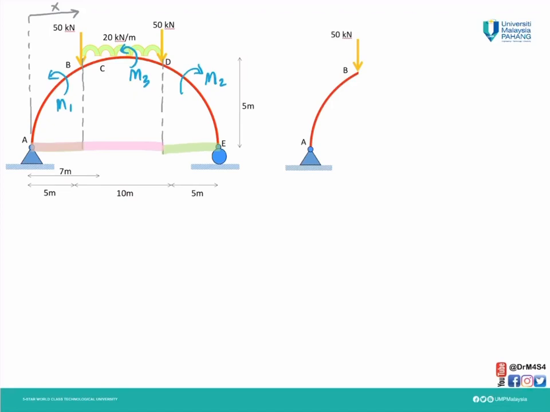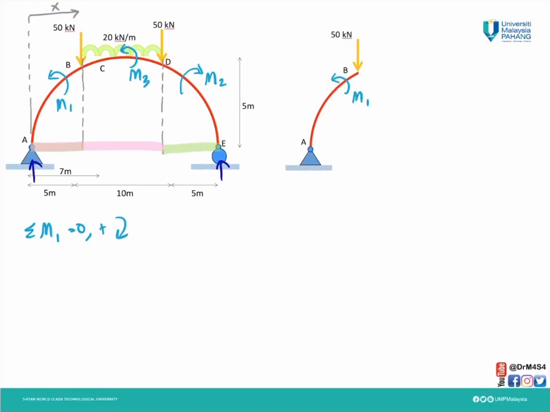So now let's calculate M1. Since it's symmetrical, it is enough to calculate half side. So we know that 50 kilonewton at point B. For our M1, we take summation M1 equal to 0, positive clockwise. Or before that, don't forget to calculate the direction.